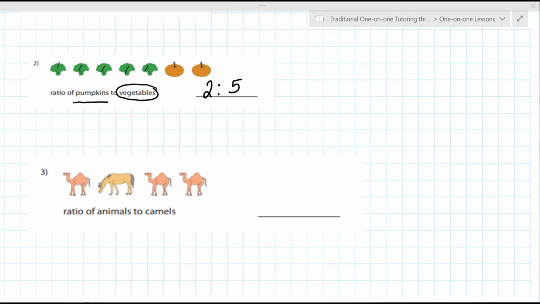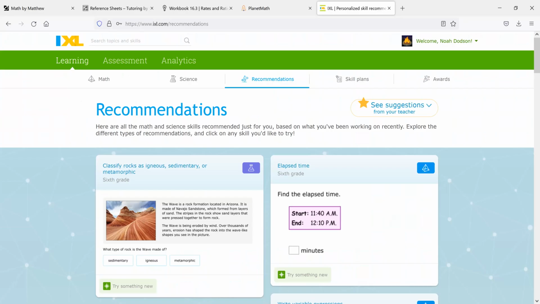So okay, let me share my screen here, Noah, and you can tell me kind of what you normally do when you work through this. The first one is username, and the second one is the password. I've already got logged in here. Where do you normally go? Do you go to your math? Yeah. Okay, go to math.